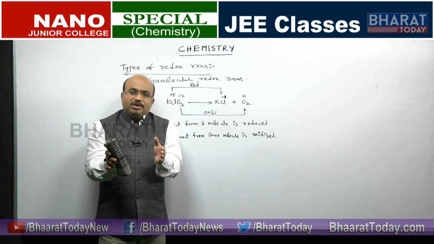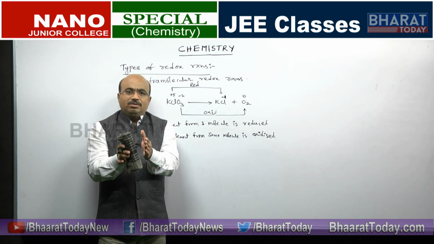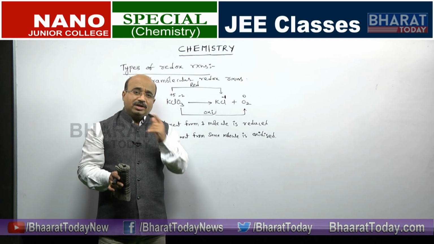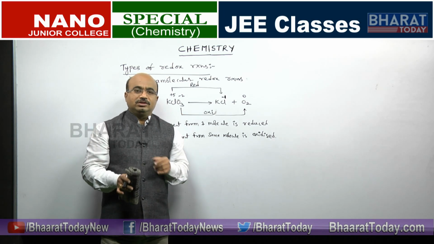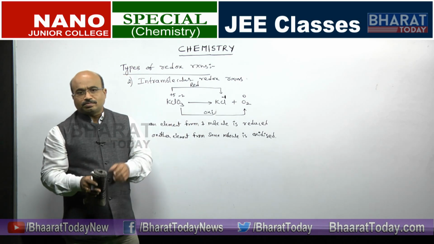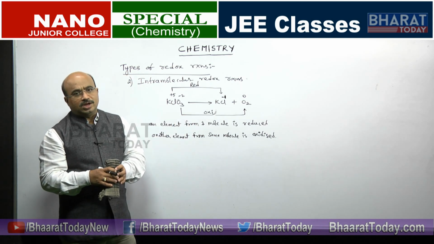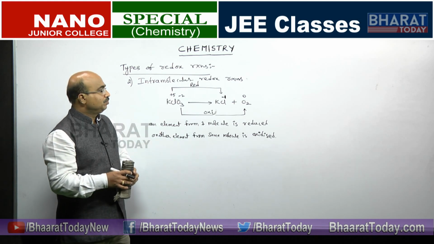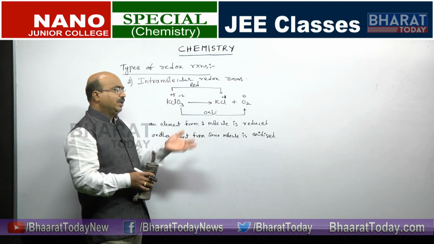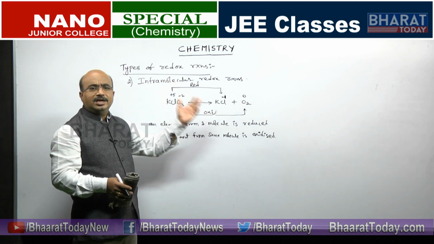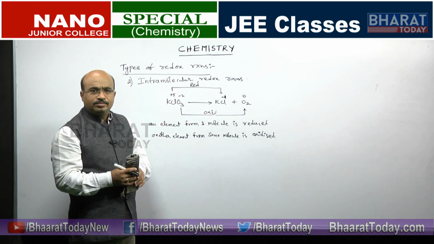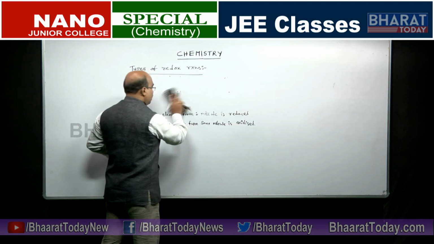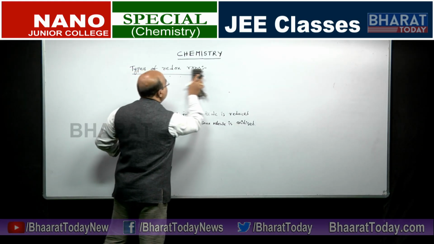When it is happening in only one molecule, one element reduces, another, different element undergoes oxidation, then we call it an intramolecular redox reaction. Clear? We will see so many examples, and wherever you get them, you can identify them. Clear? Now, the third type.